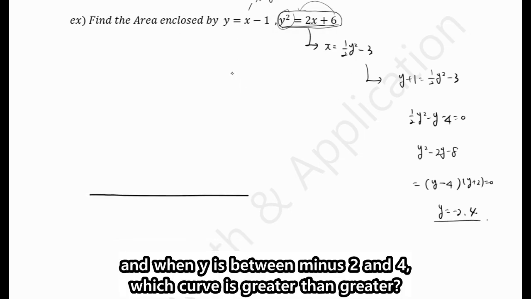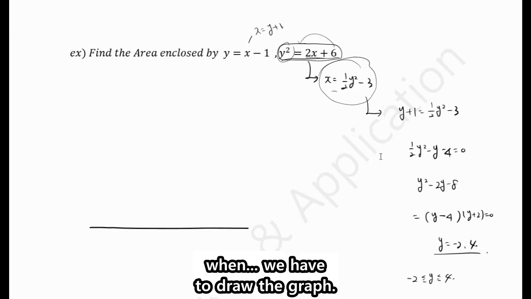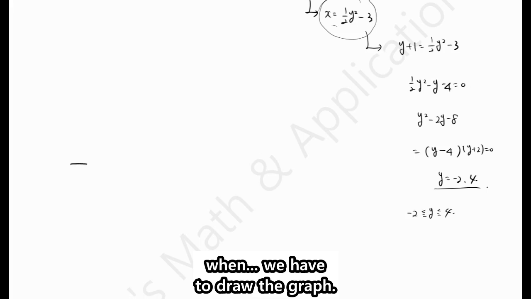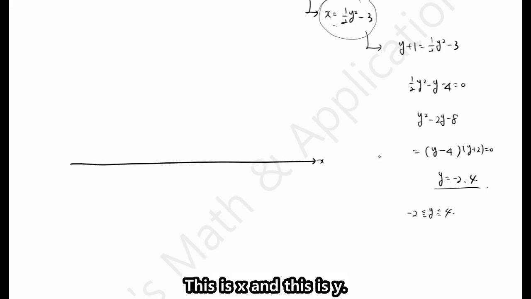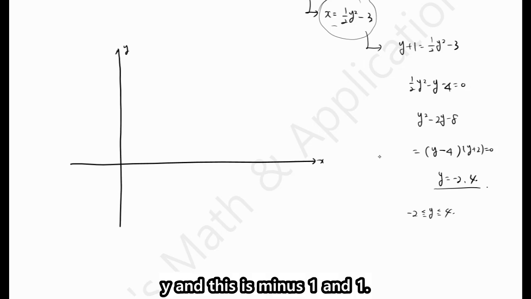So when y is between minus 2 and 4, which curve is greater? When we draw the graph, this is x and this is y, and this is minus 1 and 1.